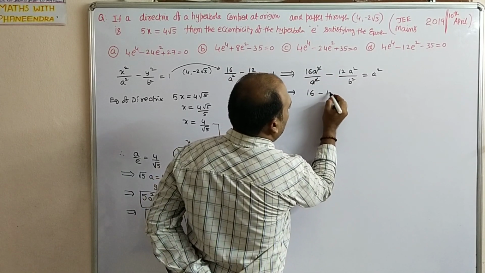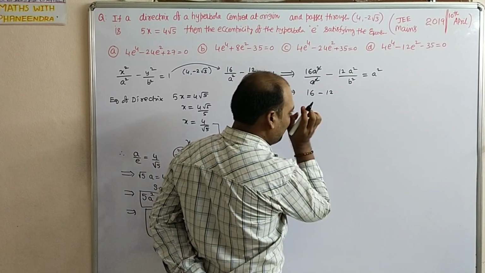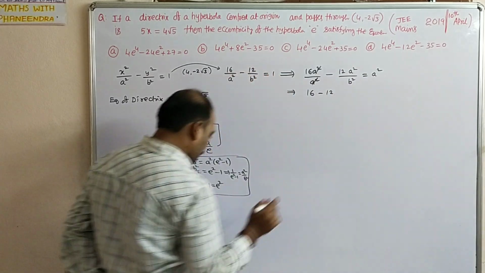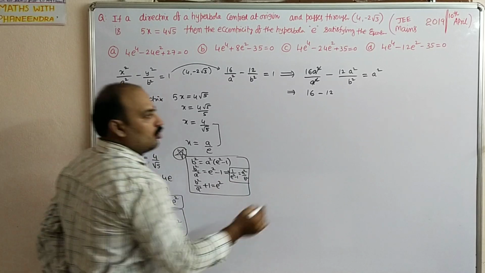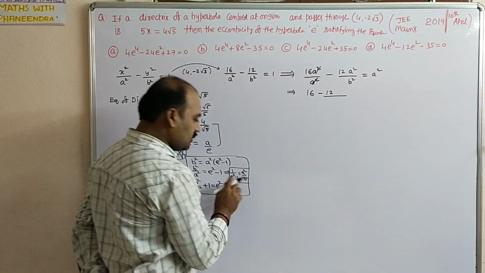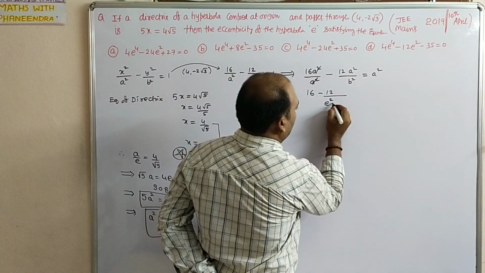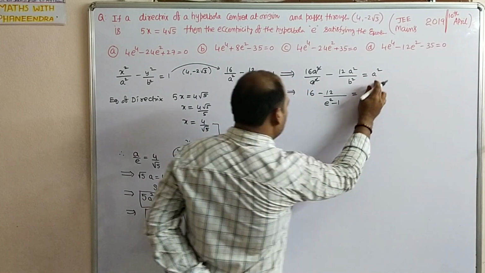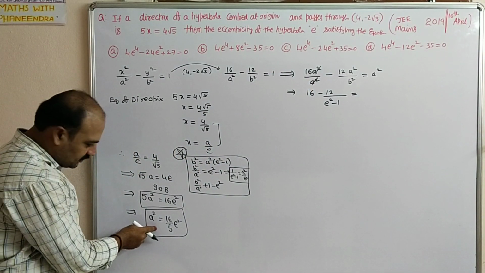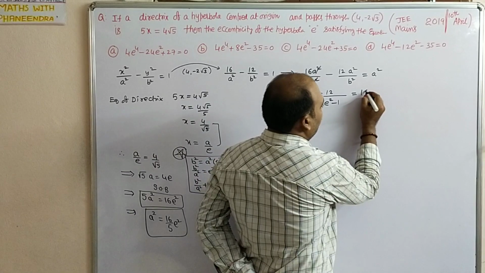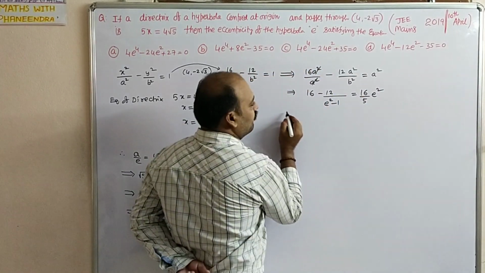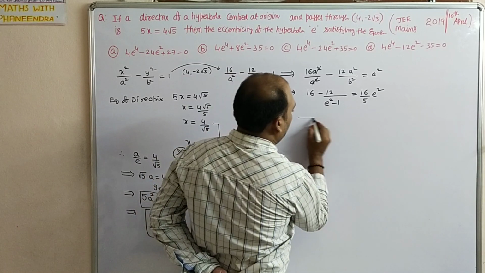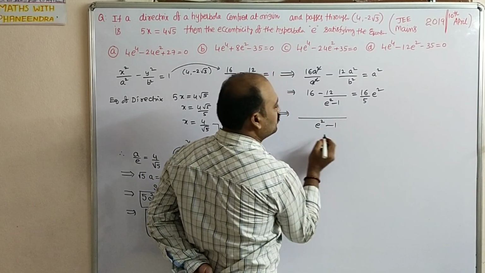16 minus 12 into a square by b square. Here for a square by b square we have the value 1 by e square minus 1, is equal to the a square value. For a square here we have 16 by 5 into e square. Now cross multiply, take the LCM, e square minus 1.